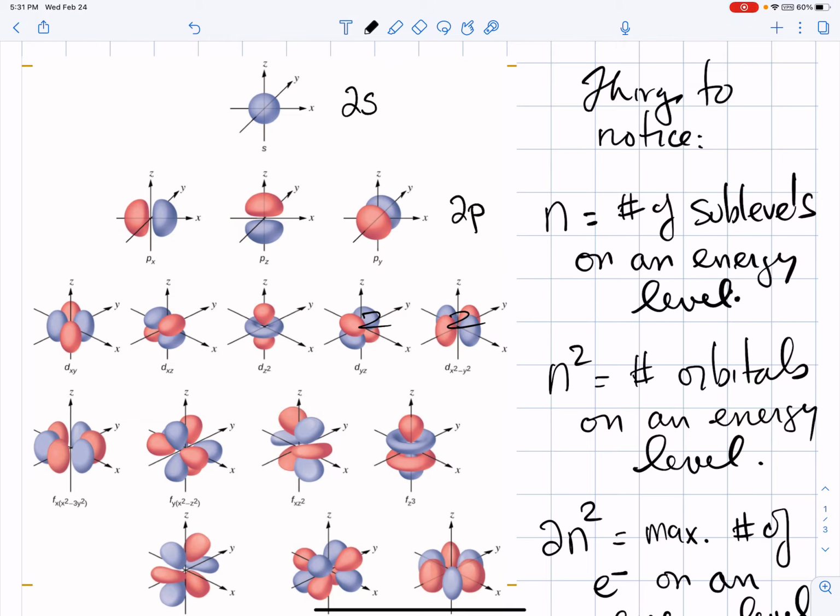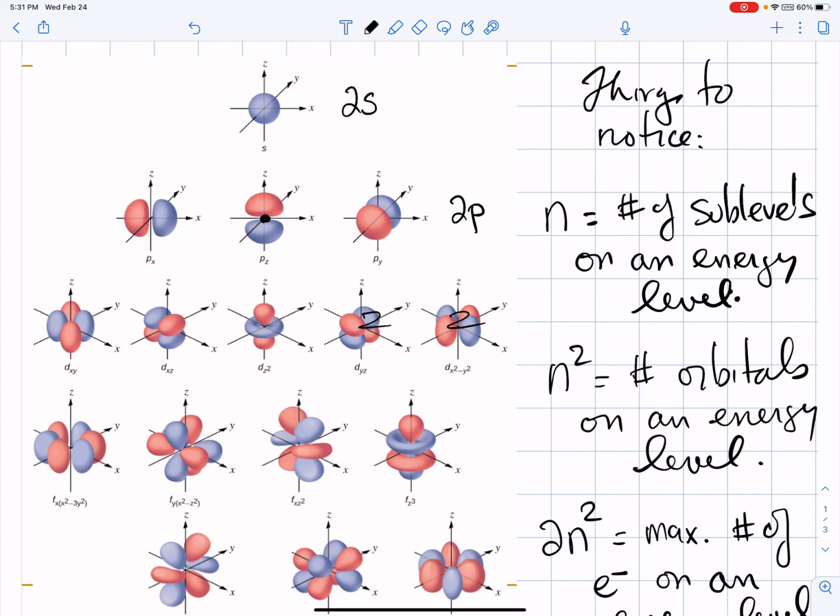And the 2p sublevel has 3 orbitals. We call them 2p orbitals, or just p orbitals. And they look like these peanut-shaped orbitals. They're oriented perpendicular to each other, one on an x-axis, one on a z-axis, one on a y-axis, and the nucleus of the atom would be at the center, the origin.